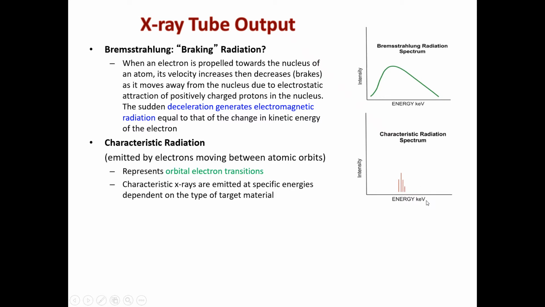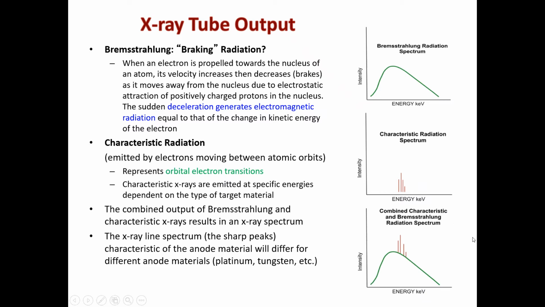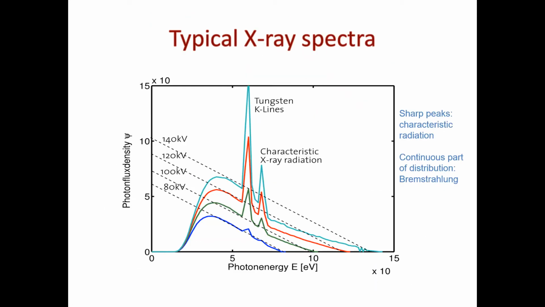Then when you combine the two, depending on the energy that you're using, you're going to have something like this as a combined produced intensity. Okay? So we often image at different energies, and this is what you effectively see.